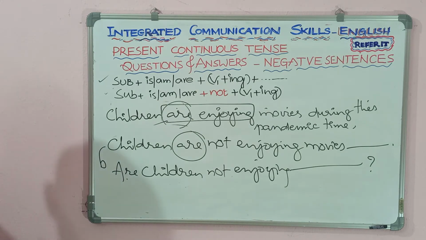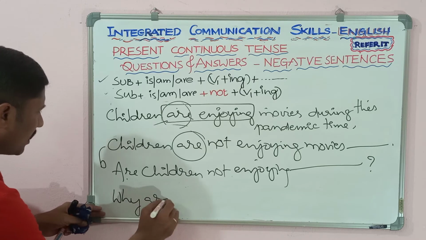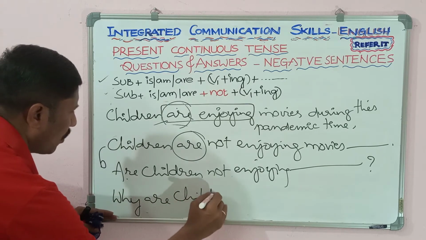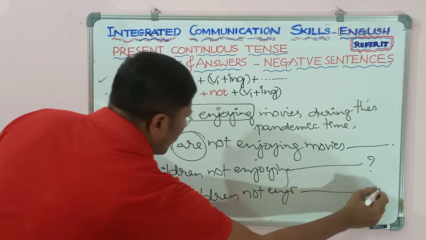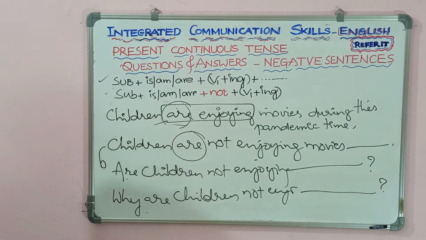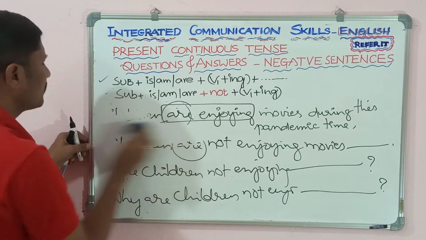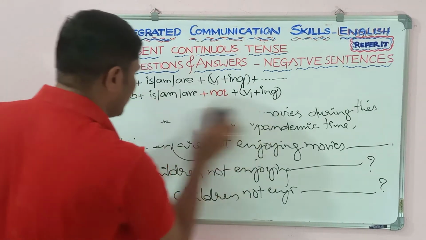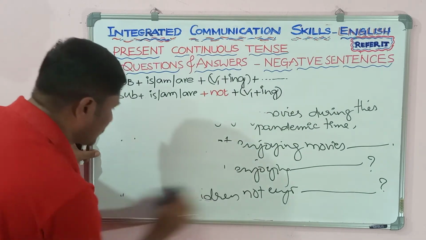This is the question. And you can write a WH question: Why are children not enjoying movies during this pandemic time? This is the WH question. So this is how we have to frame negative sentences and questions and answers for those questions.